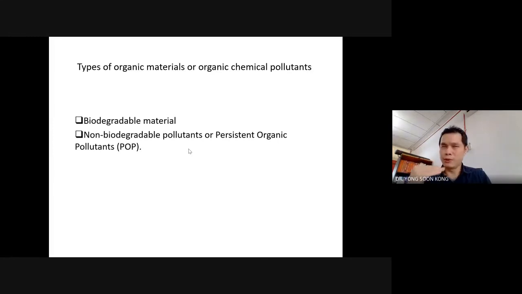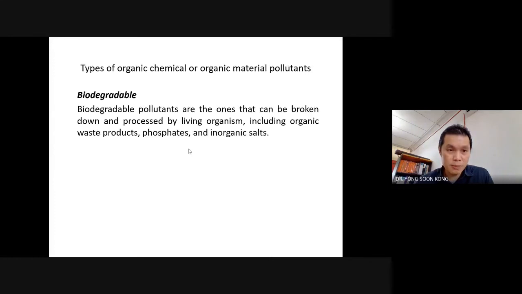So we won't call it a persistent organic pollutant. We just simply call it plastic, non-biodegradable plastic. So no matter how big the size is, if they are not biodegradable, they will cause trouble, yeah. I think there are many more we can continue, but let us continue with this POP, persistent organic pollutant.